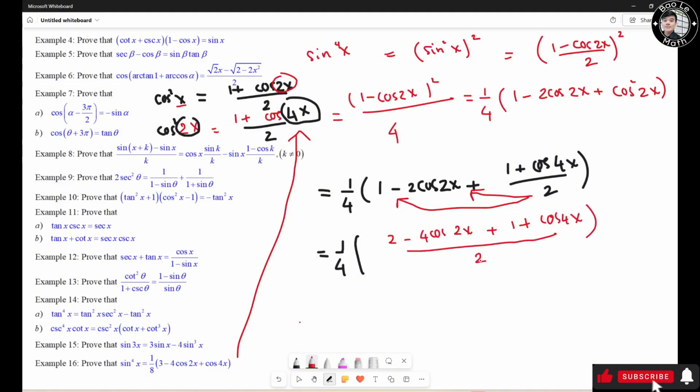Now 2 right here, I can bring it outside, so it turns out to be 1/2. So 1/4 times 1/2 is going to be 1/8 times 2 plus 1 is going to be 3, negative 4 cosine 2s plus cosine 4s. And this one has been proved.